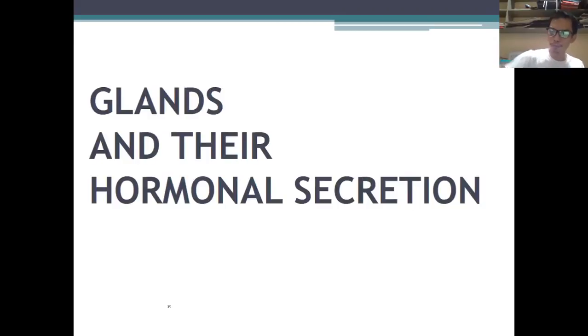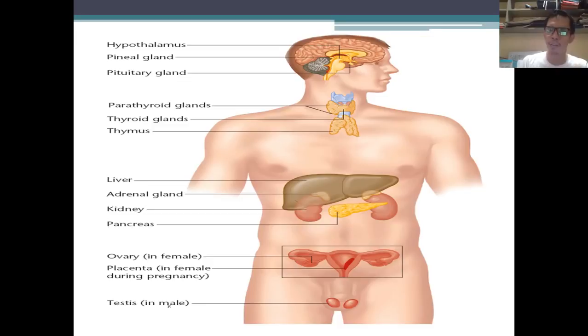Now we go to the anatomy and physiology of your endocrine system. Here we have the glands and their hormonal secretion. This is the overall view of your endocrine system. These are the organs found mostly in the endocrine system. As you can see, they are small compared to other organs in our body, and they are scattered on the body.